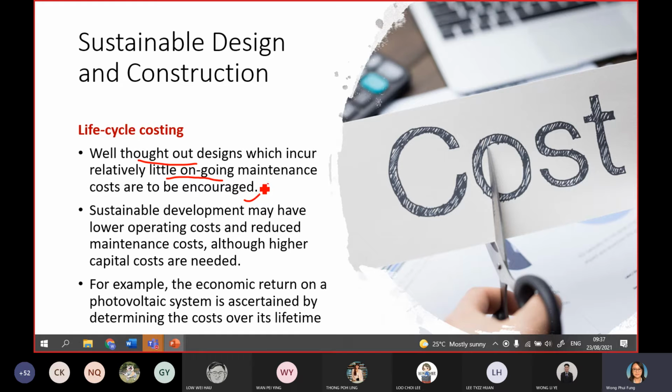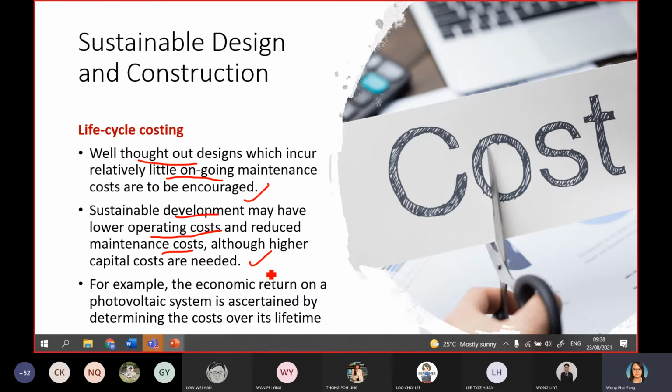As I say, who likes to do maintenance, replacement, repair so frequently? If you repair so frequently, if you replace so frequently, the cost add up together could be more than the initial cost. Sustainable development might have lower operating costs and reduce maintenance costs, although higher capital costs are needed.